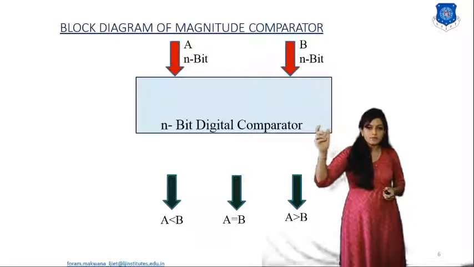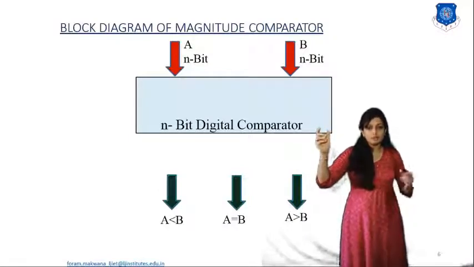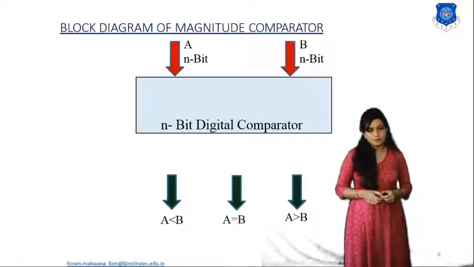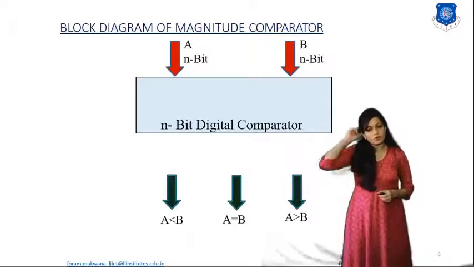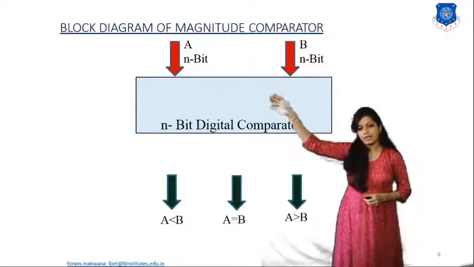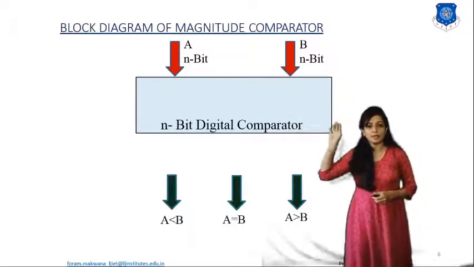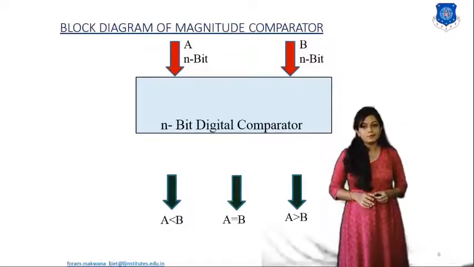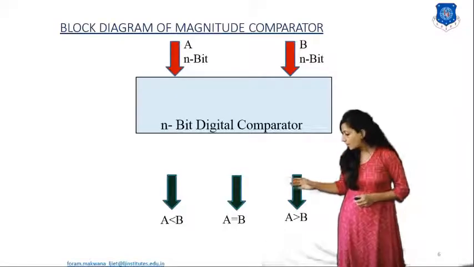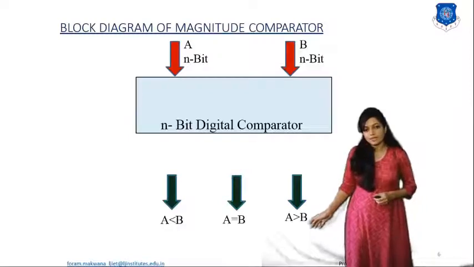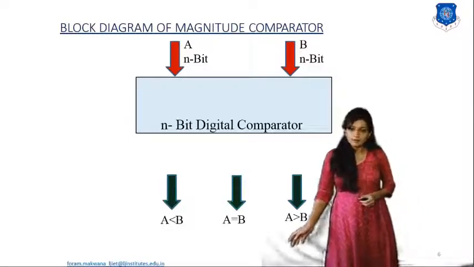The least significant bit of A is compared with the least significant bit of B. So for an n-bit comparator, n bits of A and n bits of B are applied to the n-bit digital comparator.